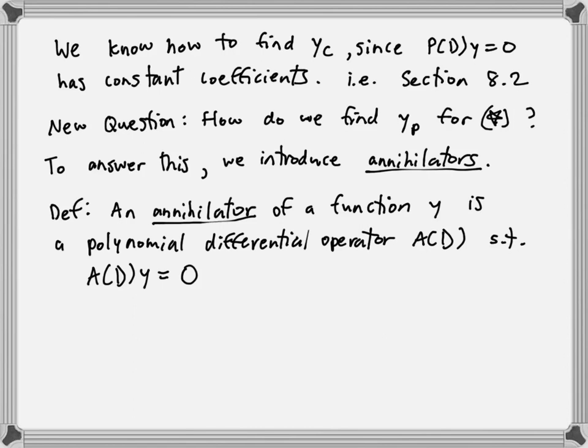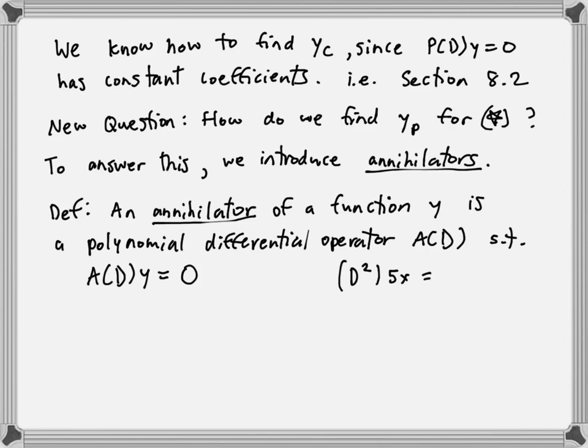Let me give you an example. We all agree that if you take a derivative of a number, you get 0. What happens if you take two derivatives of, for example, the function 5x? What is the second derivative of 5x?